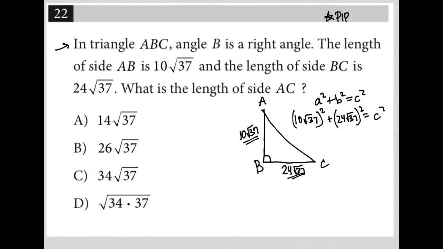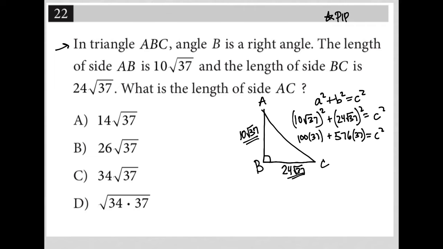So 10 root 37 squared will be 10 squared, which is 100, times square root 37 squared, which is just 37, so 100 times 37, plus 24 root 37 squared becomes 24 squared, which, going to my calculator, is 576, and then square root 37 squared is just 37, and we have c squared there.